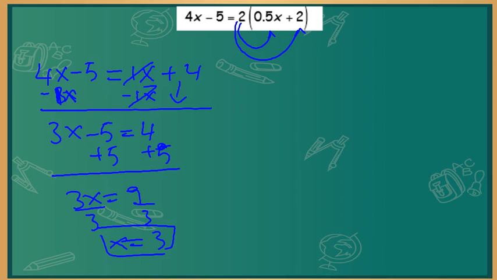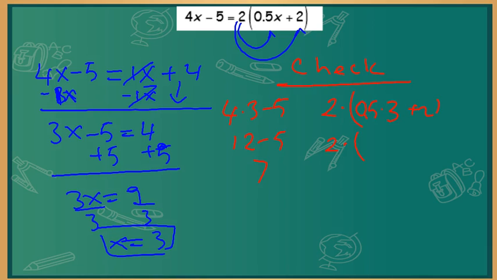Now, let's check our answer to be able to see if our answer is right. So check. 4 times 3 minus 5. 4 times 3 is 12 minus 5, so we get 7 for the left side. And then 2 times parentheses 0.5 times 3 plus 2.